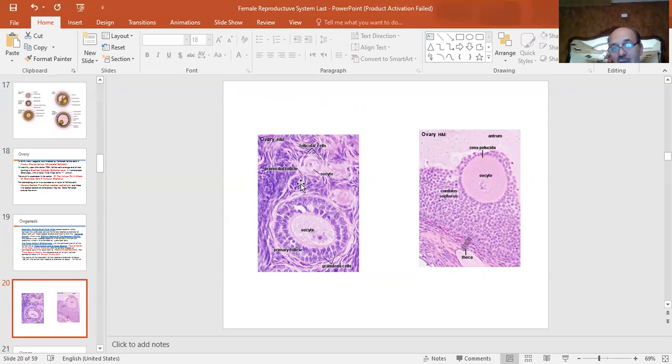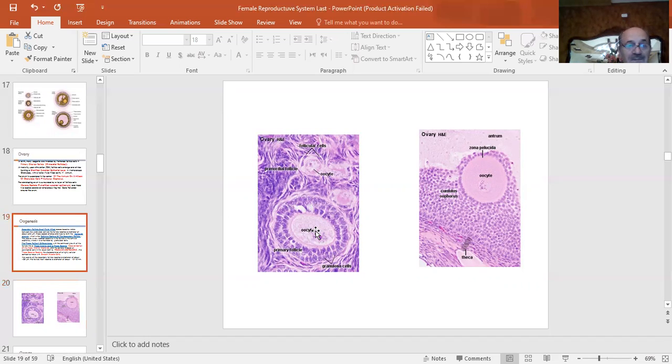And then, due to the influence of follicle stimulating hormone, the primordial follicle will go into the second phase of development, where the follicular cells transform into simple cuboidal and become a stratified cuboidal epithelium surrounding the oocyte. This signifies the development of a primary oocyte.